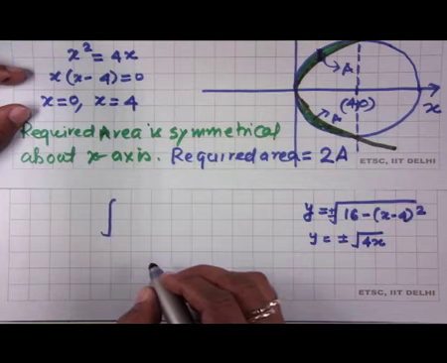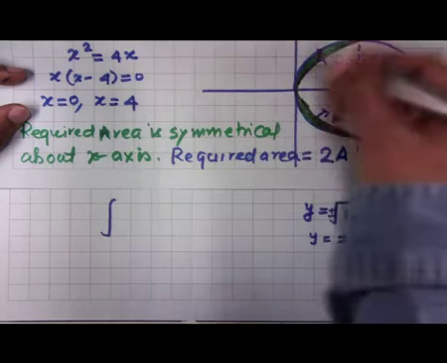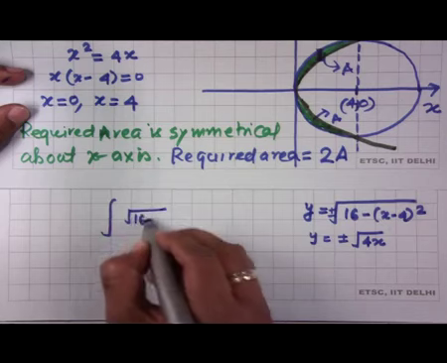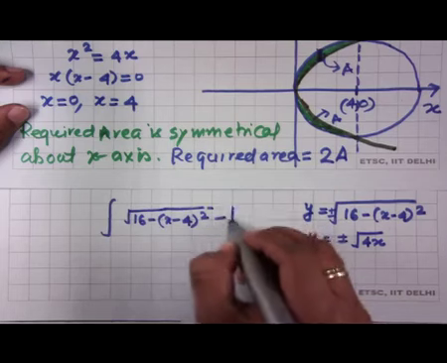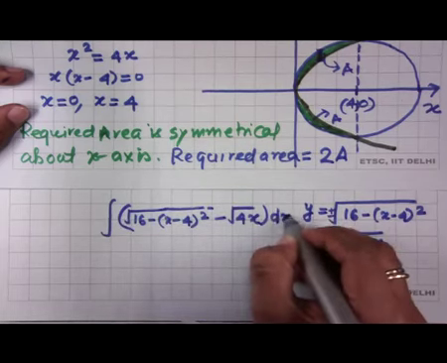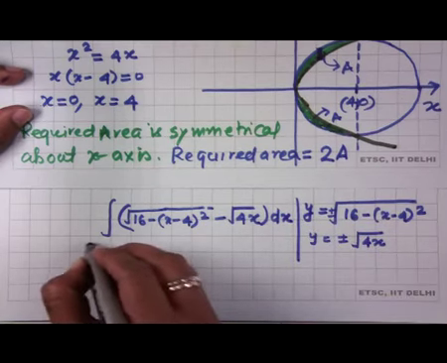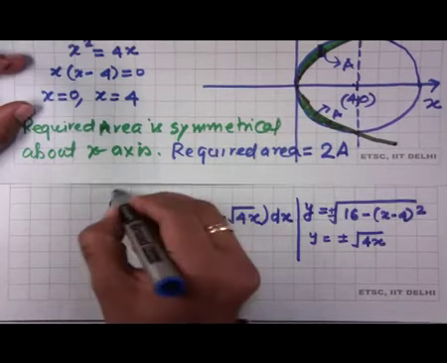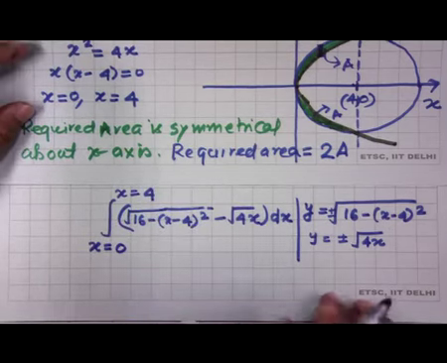So, the elementary area will be, because you are using the curves above the x axis, root of 16 minus (x minus 4) square minus under root 4x. So, this is your elementary area, and the limit will be from x equals 0 to x equals 4. Let us compute it further.